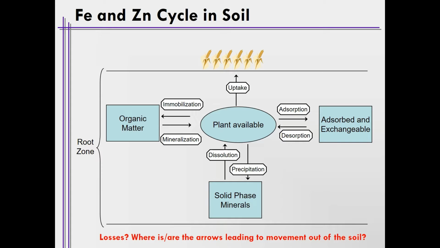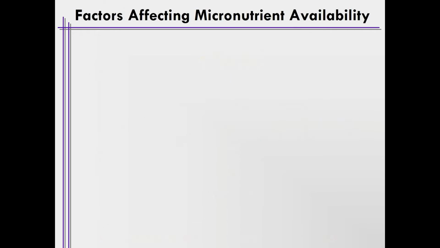So what affects this cycle? Well, the factors that affect all micronutrient availability, and in this case for this talk, iron and zinc availability, are fivefold. Soil pH greatly affects iron and zinc availability.